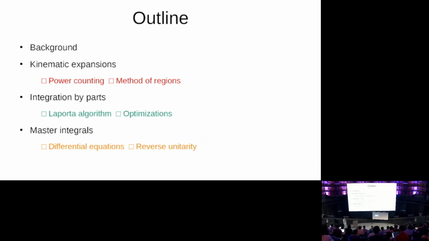Kinematic expansions, which is closely tied to classical expansions. Integration by parts, which allow us to write complicated integrals in terms of simpler integrals. And finally, how to evaluate these supposedly simple integrals, still not that simple, using modern methods like differential equations and reverse unitarity.